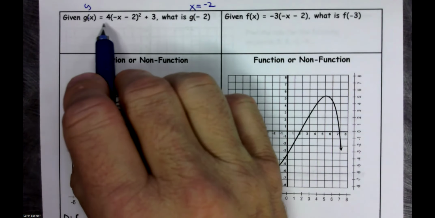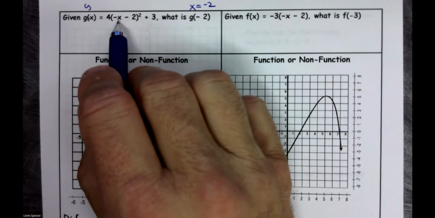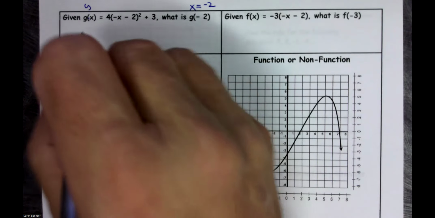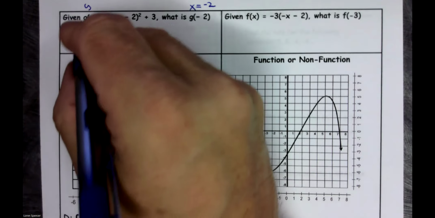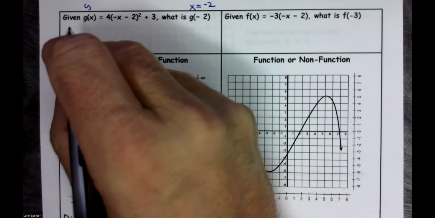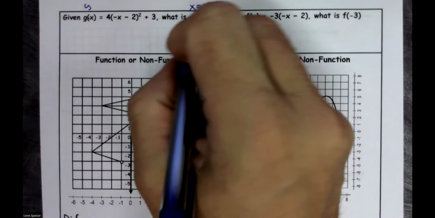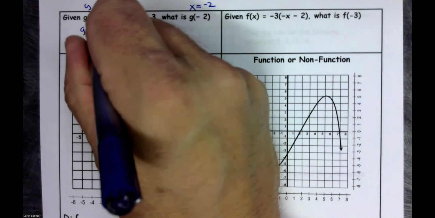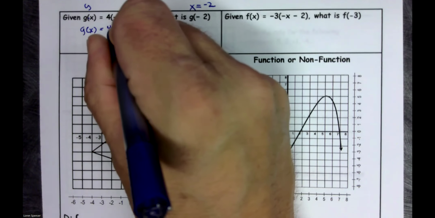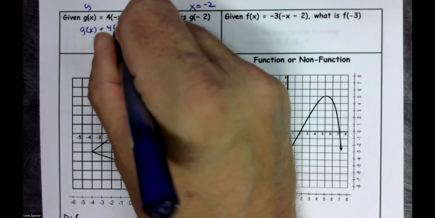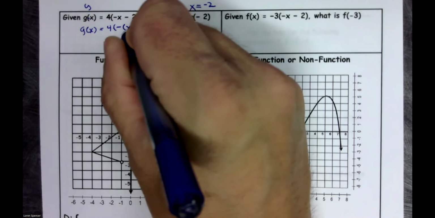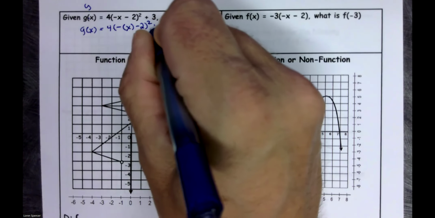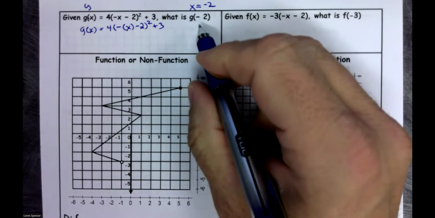So the trick to this is make sure you put the variable in parentheses when you plug in. So I'm going to rewrite this with parentheses. So this is g of x equals 4 parentheses negative, put another parenthesis, x minus 2 squared plus 3.